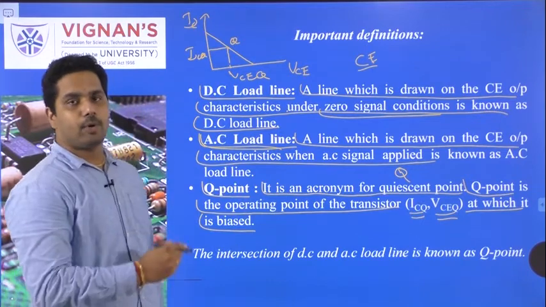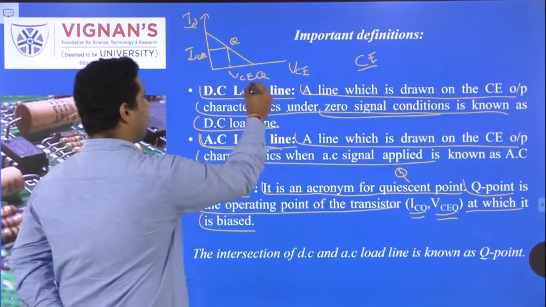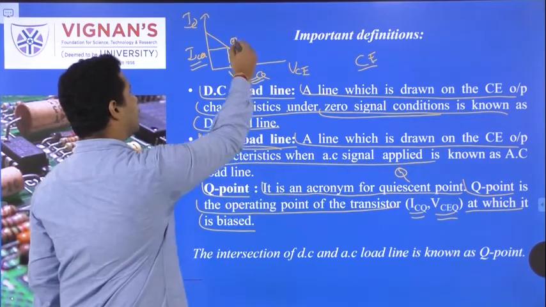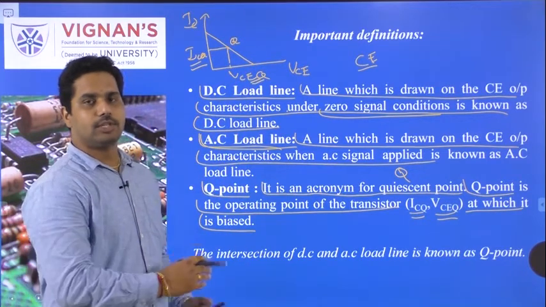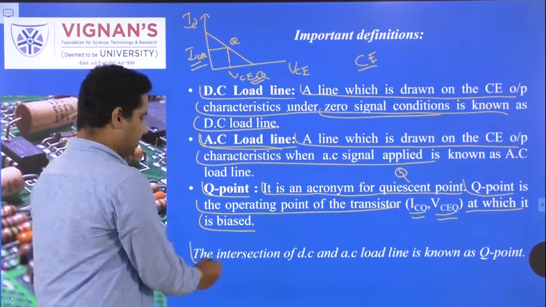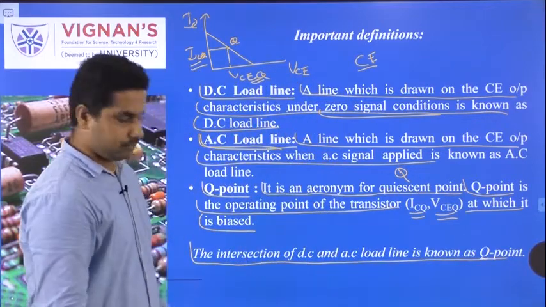Okay, so by providing proper biasing, we have to get proper values for VCEQ and ICQ to make sure that the Q point is in the middle of the load line. Okay, which shows the relevance of Q point here. And again, I told you the intersection of DC and AC load line is also known as what? Q point.